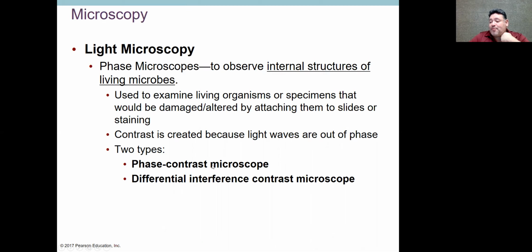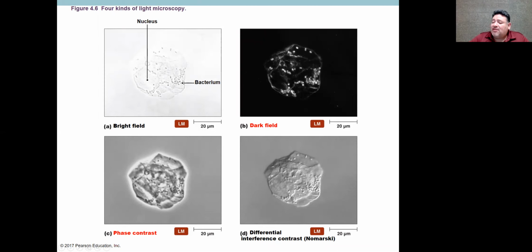And are we done? No, we can keep on going. The next one is what's called a differential interference contrast. Same principle as this phase contrast, except that there's not only a faceplate, but there's also another filter in the objective, and they work synergistically to provide a very three-dimensional cell.